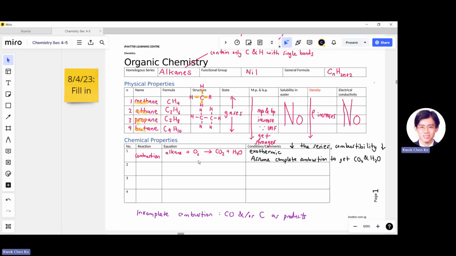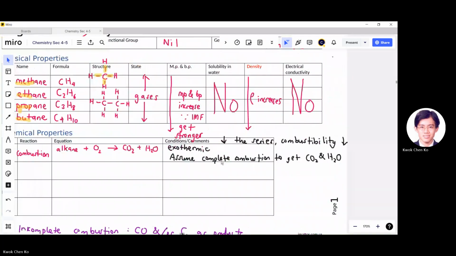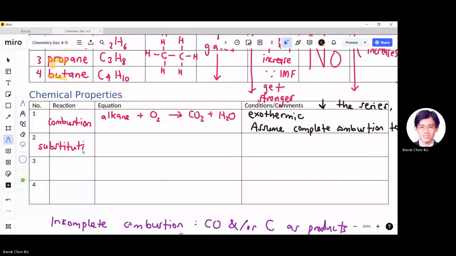Right, next one, next reaction. It's called substitution. High chance of coming out. Okay, let me just double check now. Because there are many substitution reactions.